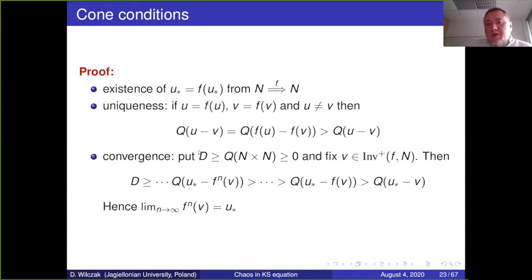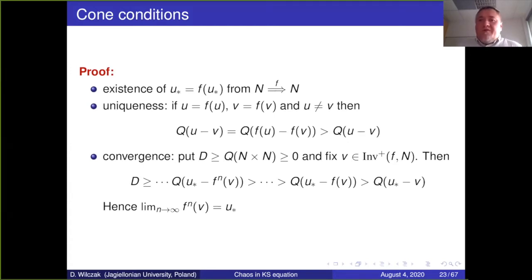We can find a constant d, which is an upper bound for the value of the quadratic form on the set N. Sorry for my mistake, it should be N. Why? Because this is a compact set. And if we have a full forward trajectory of, say, point v in our set, then we have this sequence of inequalities, which is bounded from above by the constant d. So this is just the standard Lyapunov function argument that this has to converge to a fixed point.